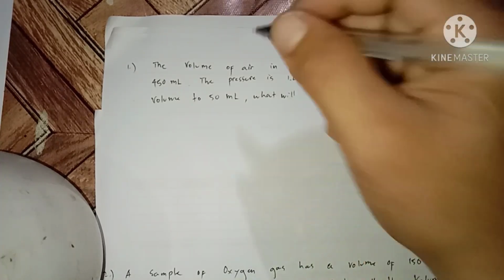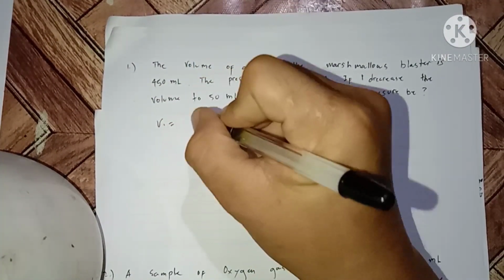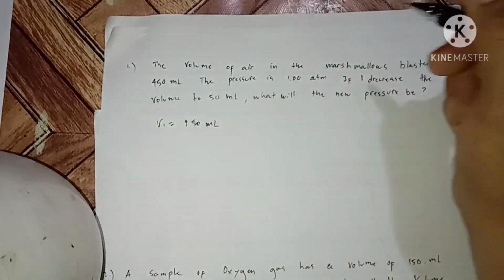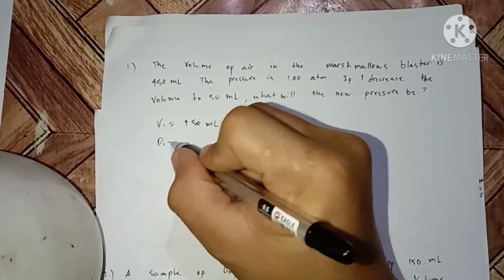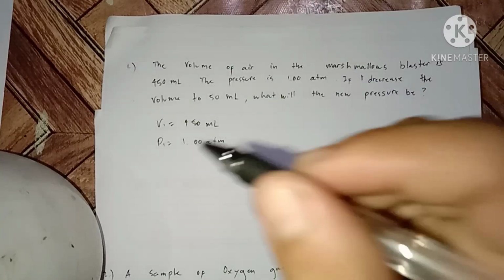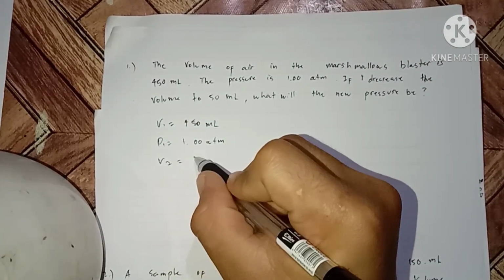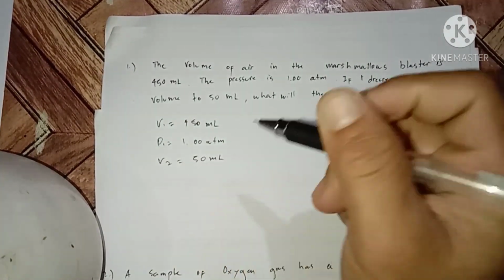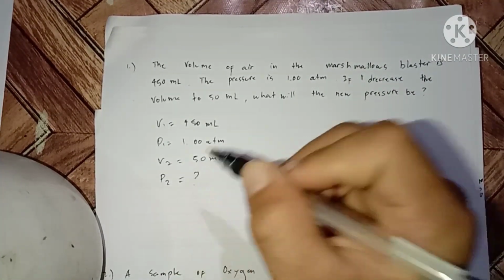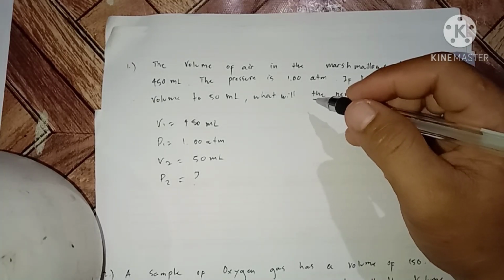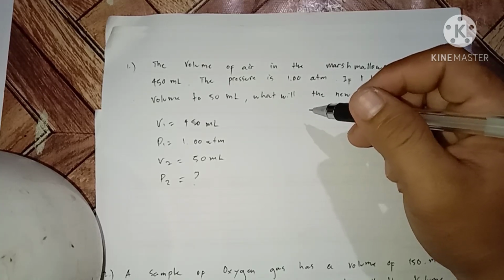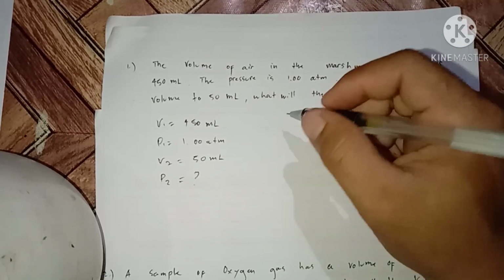Since volume 1 is given as 450 ml, then the pressure 1 equals 1 atm. Then the volume 2 equals 50 ml. So the missing here is pressure 2, the unknown. To get the value of pressure 2, you need to use the formula of Boyle's law.